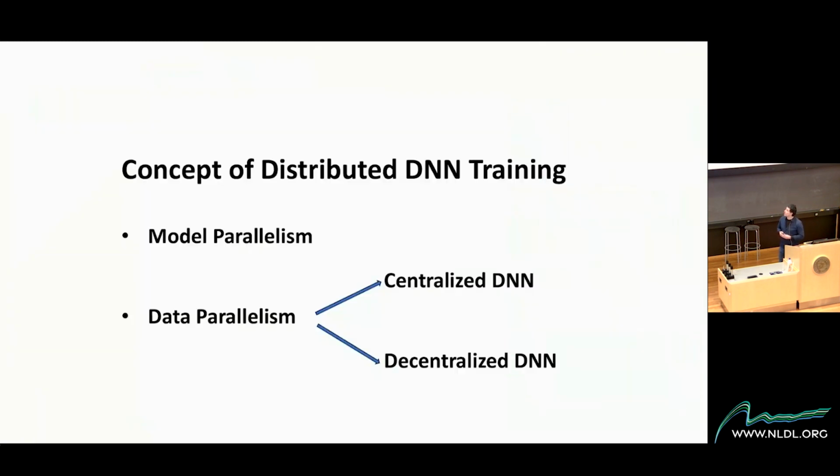So now we move to talk a little bit about the concept of distributed training. As I mentioned, we will discuss the concept of model parallelism and then data parallelism. Then the next part is we focus on data parallelism and we address both centralized and decentralized training.